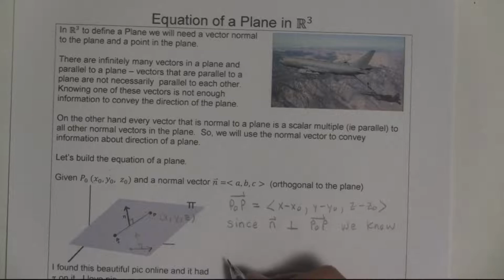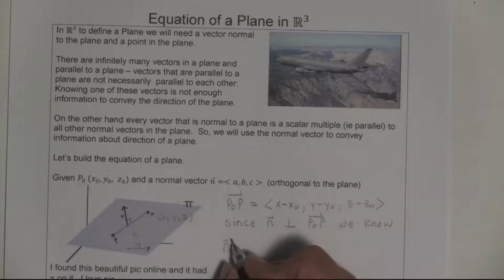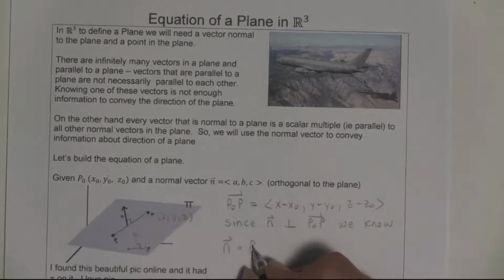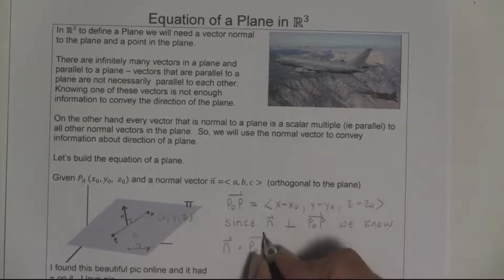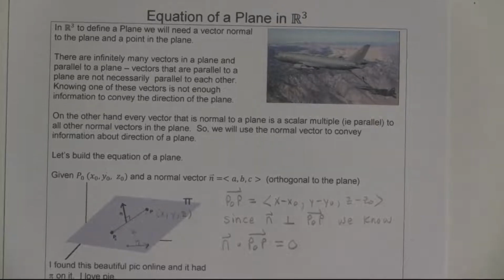Do you remember that if you do the dot product on two things that are perpendicular to one another, you get, do you remember? It's 0, right? So if we were to dot n with P naught P, that vector, we ought to get 0 because they're perpendicular to one another.